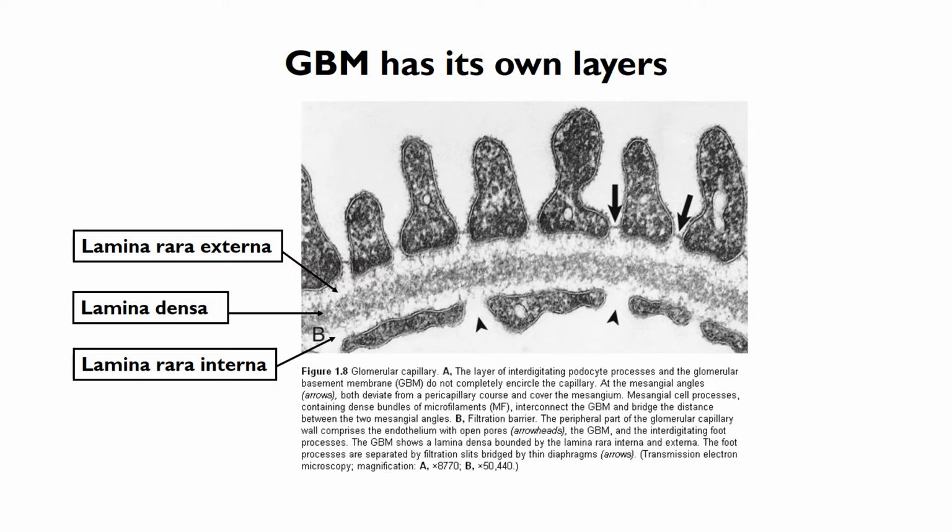It has 3 sublayers that vary based on density, and they are the lamina rara externa, which is located here on the outermost or external part of the glomerular filtration barrier, the lamina densa, which is located here, and it is so named because it has this kind of electron dense area that shows up on this electron microscopy. And then the lamina rara interna located here.